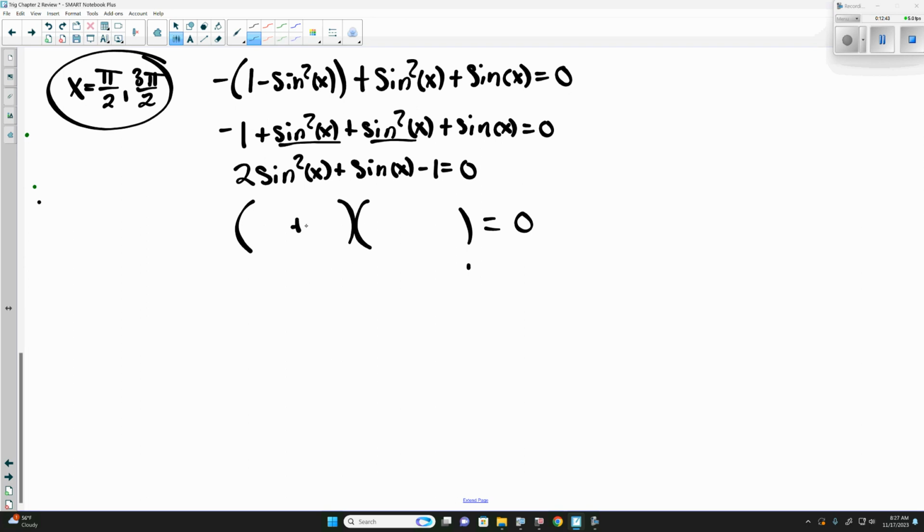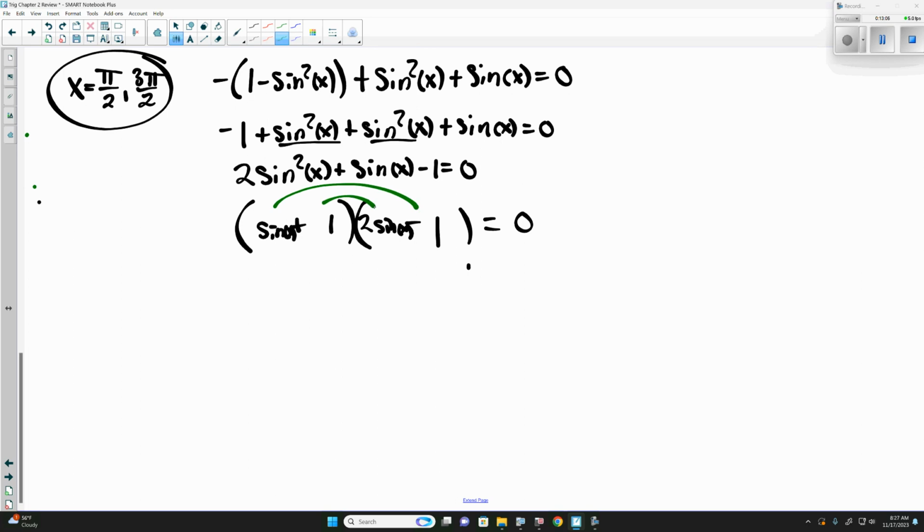Now this does factor. Since the 1's negative, we will have positive and negative. And then we'll have sine of x and sine of x. Incidentally, the 2 is going to go with the minus 1 because we do need a positive middle term.